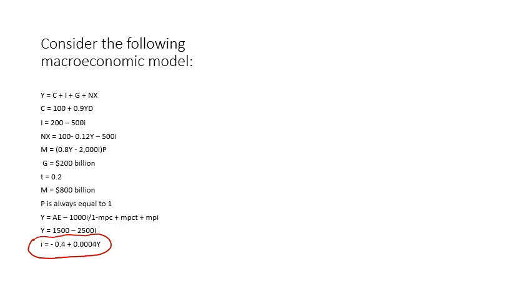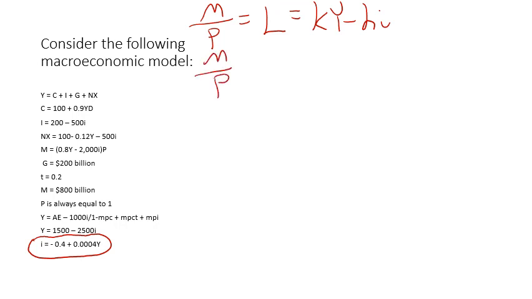In the money market, we have M over P is equal to L. And in turn, L is equal to KY minus HI. All right. M over P, that's the real money supply, is equal to money demand, which is KY minus HI.